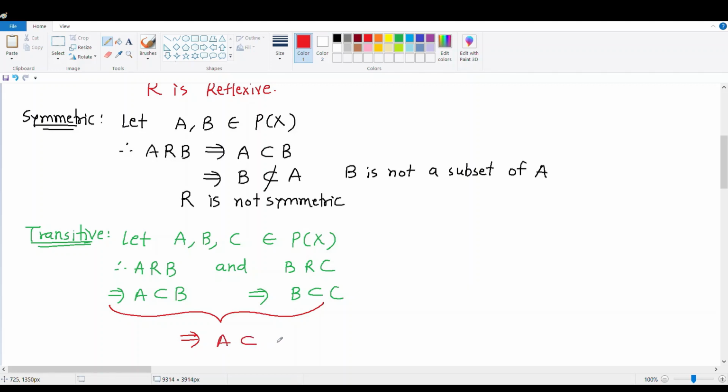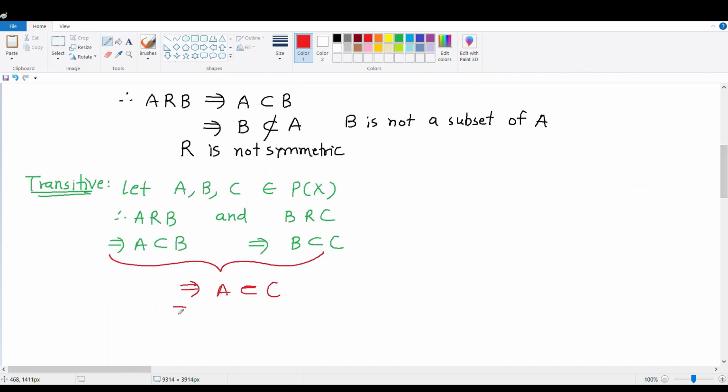That A is a subset of C, right? Why? Because A was a subset of B, B is a subset of C. So of course A is going to be a subset of C, and that means A is related to C. And if A is related to C, that means R is transitive.